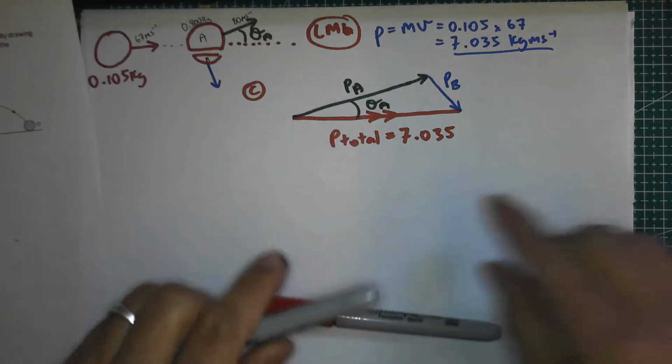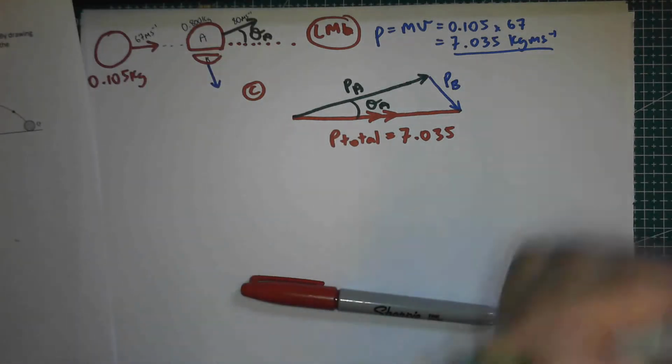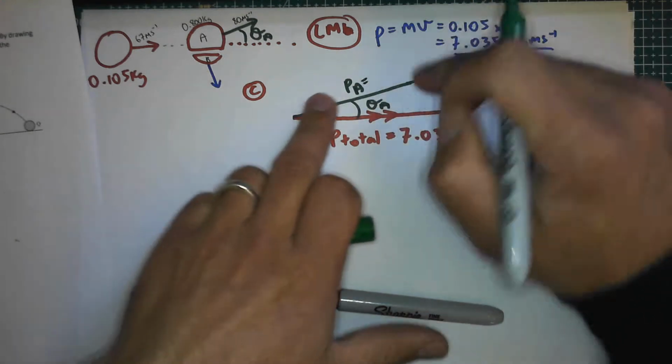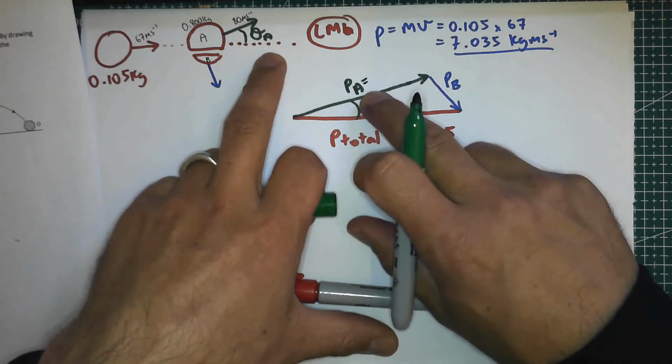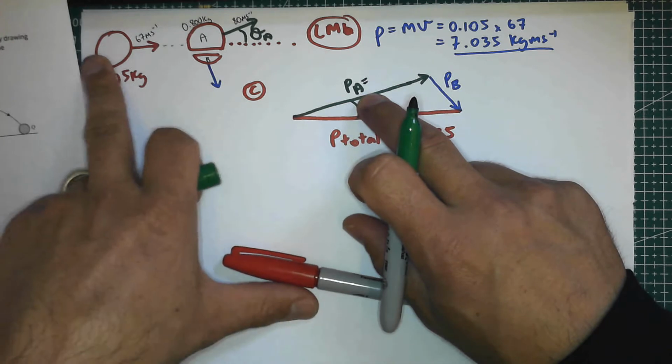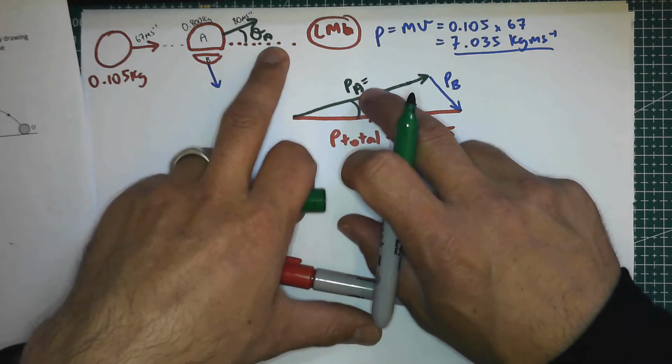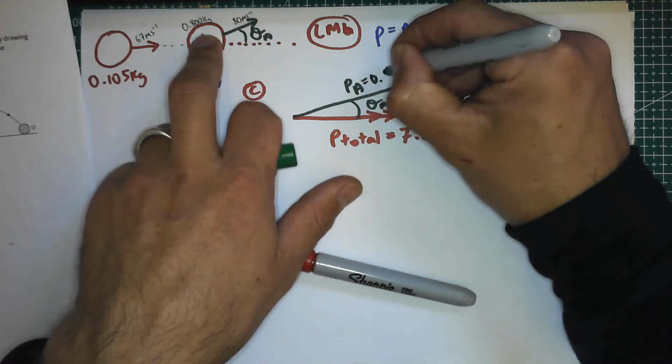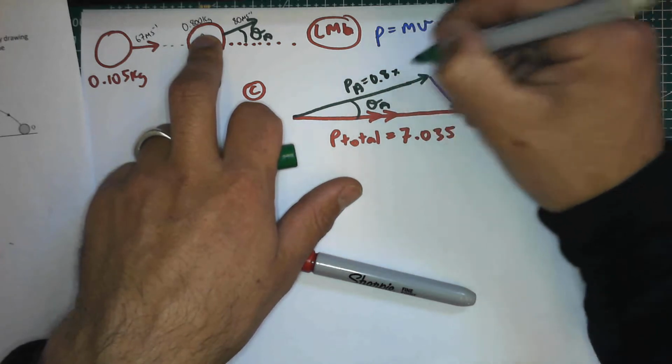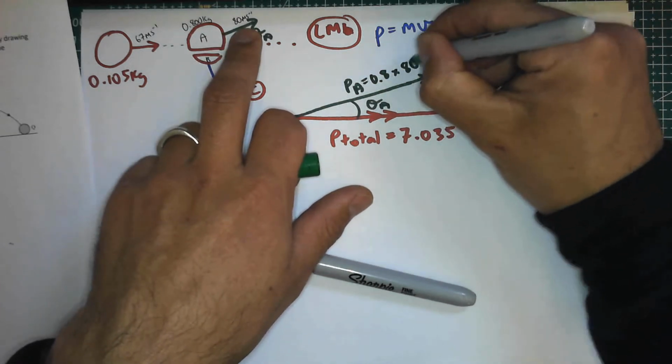We need a bit more information on here to show how we could calculate this. The momentum here is equal to the mass of this section times its velocity.